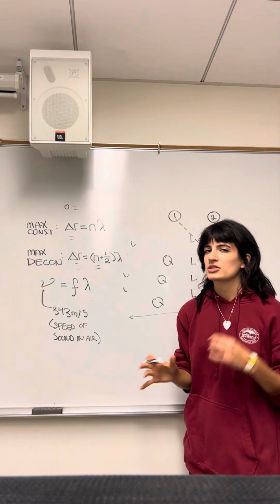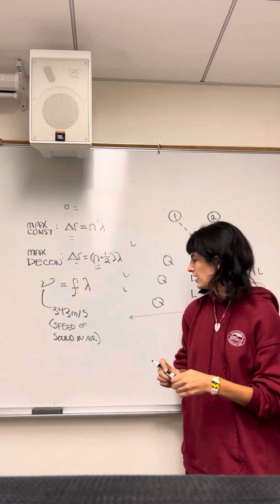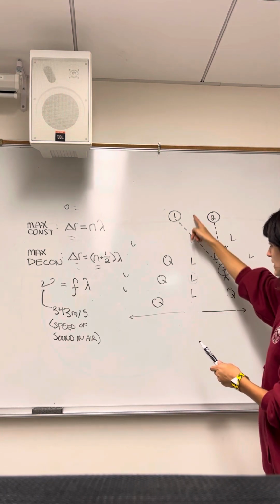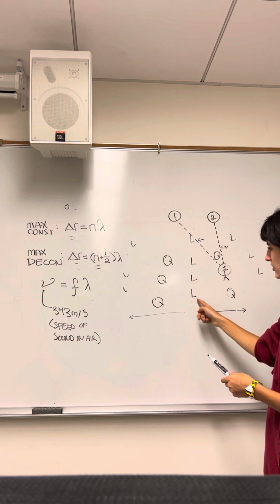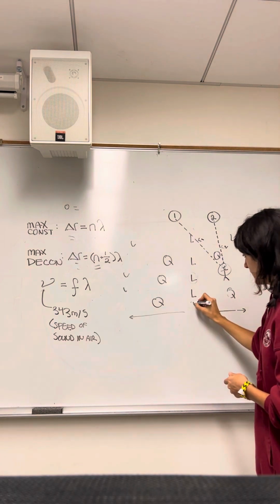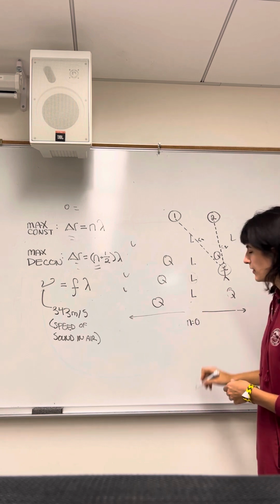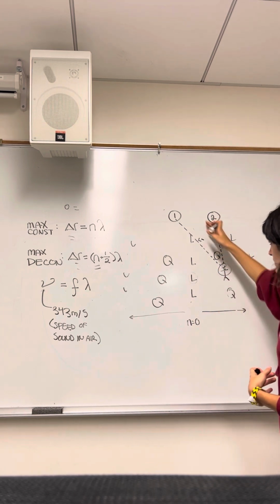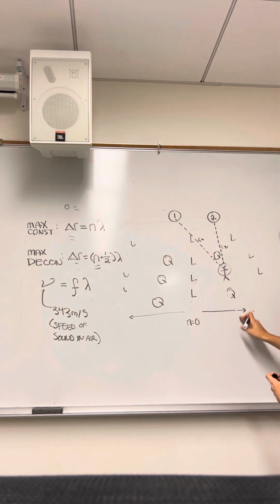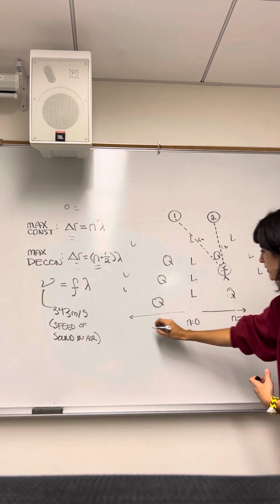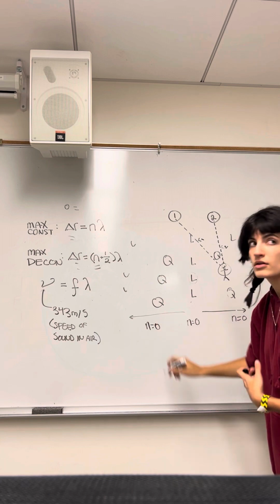And then, I'm not sure if you guys know this from class, but if not, this maximum constructive interference line down the center, this line is our n equals 0 antinode. This next line, this quiet spot, this is our n equals 0 nodal line.